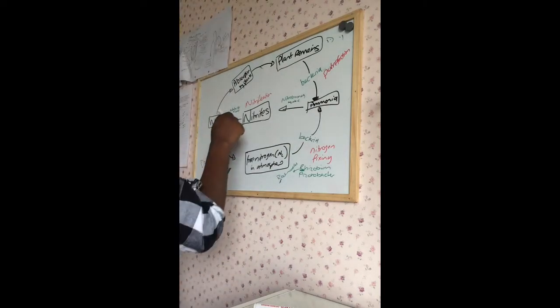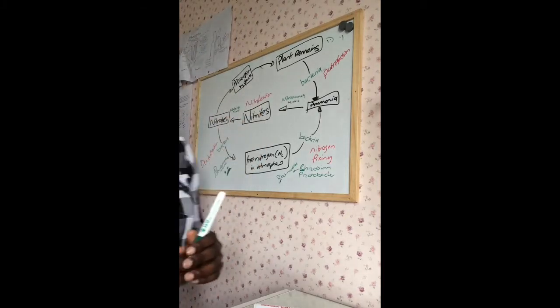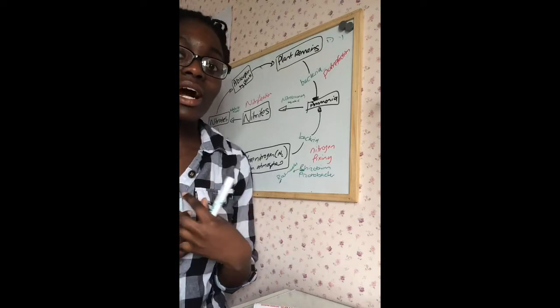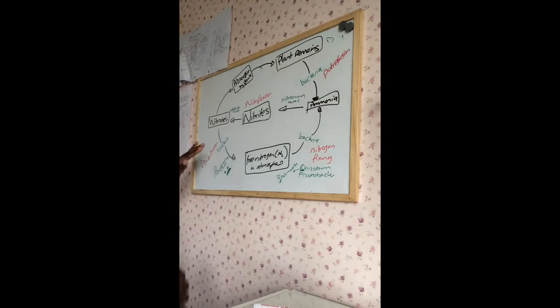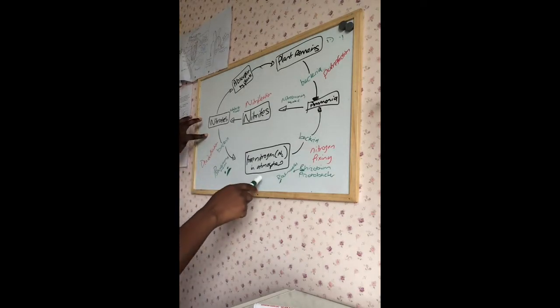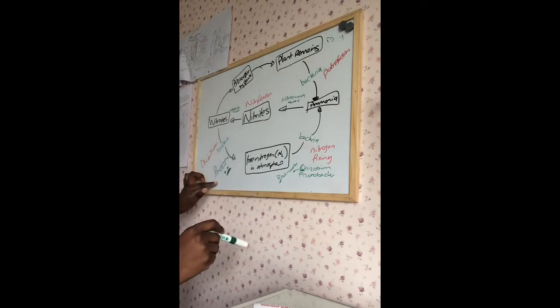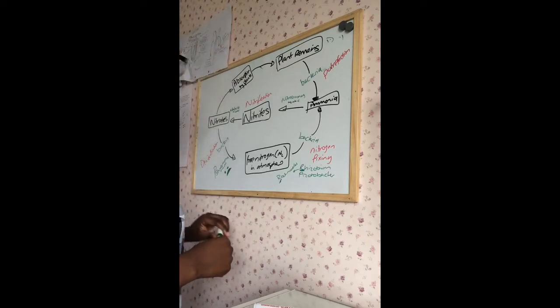And you have here the nitrates absorbed by the plants for the synthesis of DNA and other types of nucleic acids. In anaerobic conditions, nitrates are converted into free nitrogen in the air by Pseudomonas, which is an anaerobic bacteria.